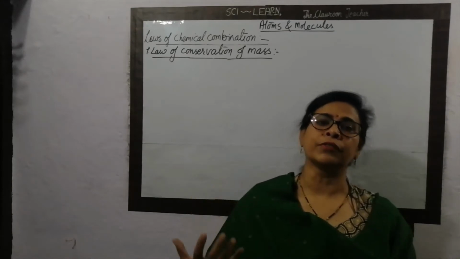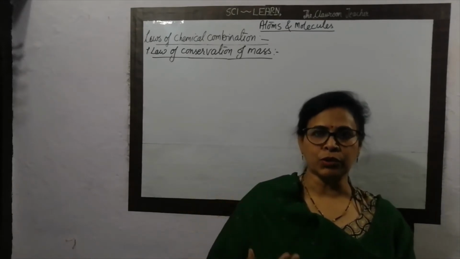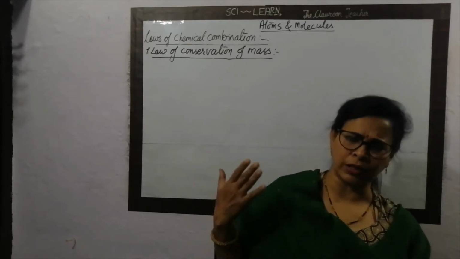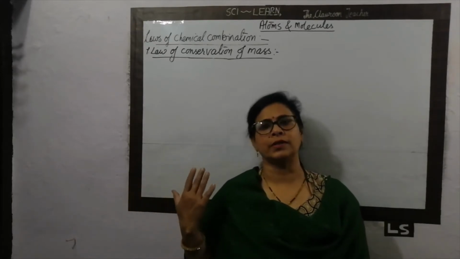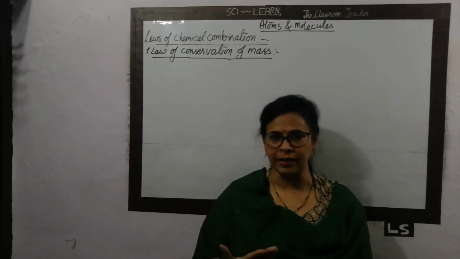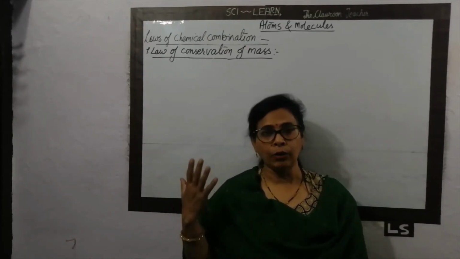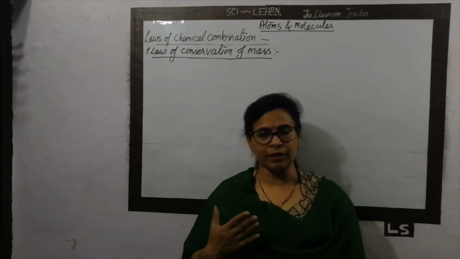So what are the rules for the combination of these atoms? This was first proposed by Antoine Lavoisier. Later on, some more chemists worked in this field, and a total of 5 laws are composed under this heading that we call the laws of chemical combination, out of which we have to study only 2 this year, in the 9th class.